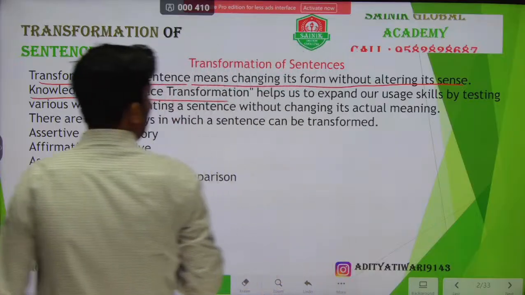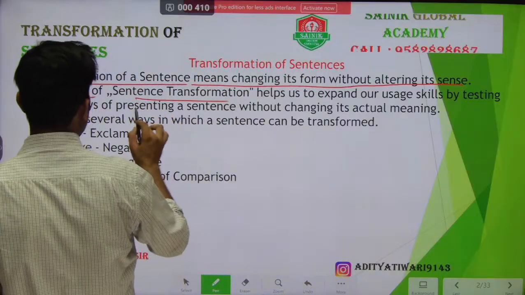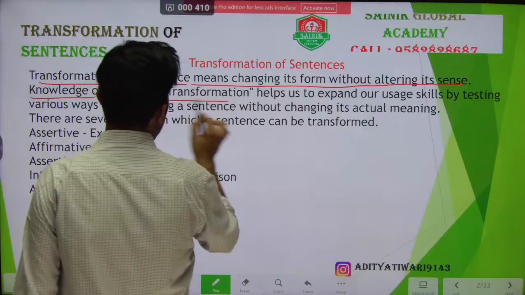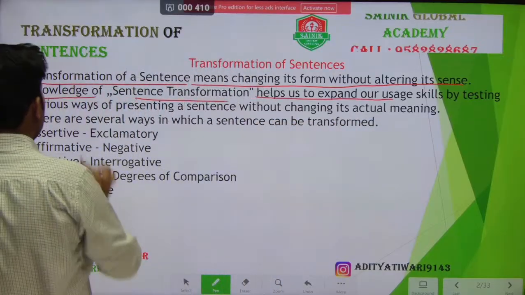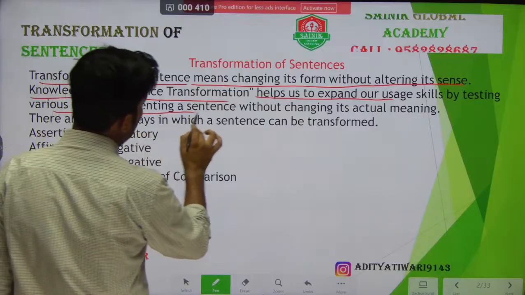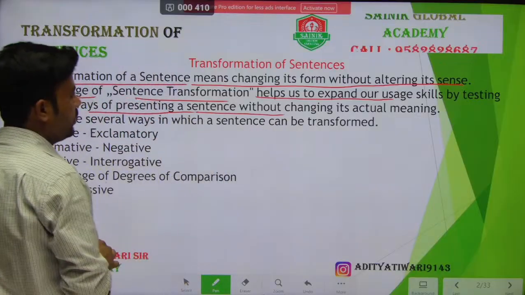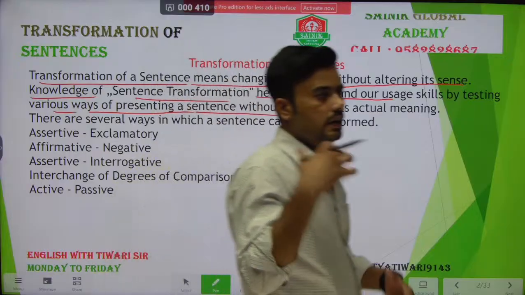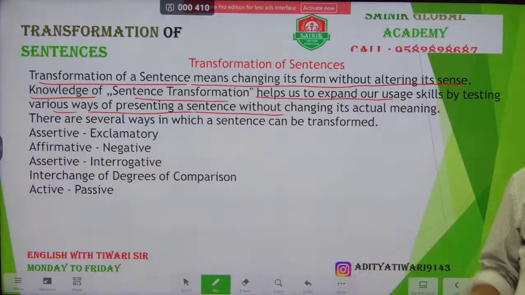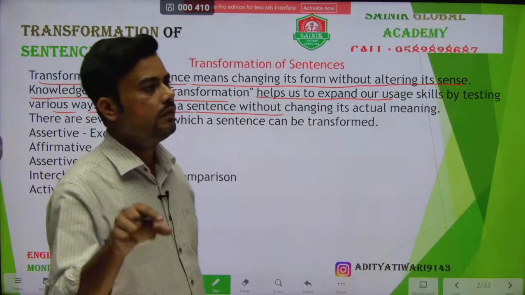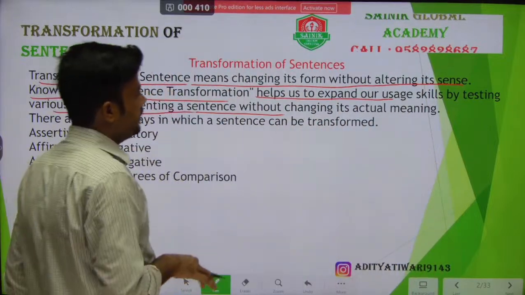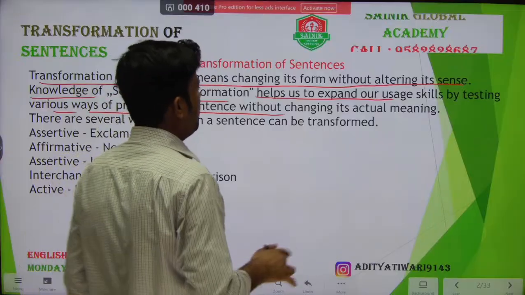Transformation of sentences helps us to expand our usage skills by testing various ways of presenting a sentence without changing its actual meaning. Before studying this chapter, it is important for us to know why we study transformation of sentences.